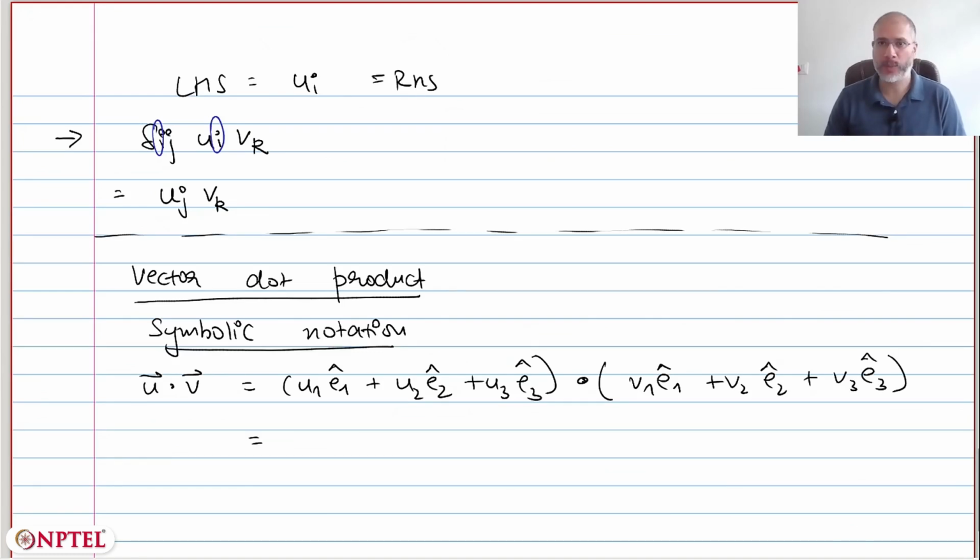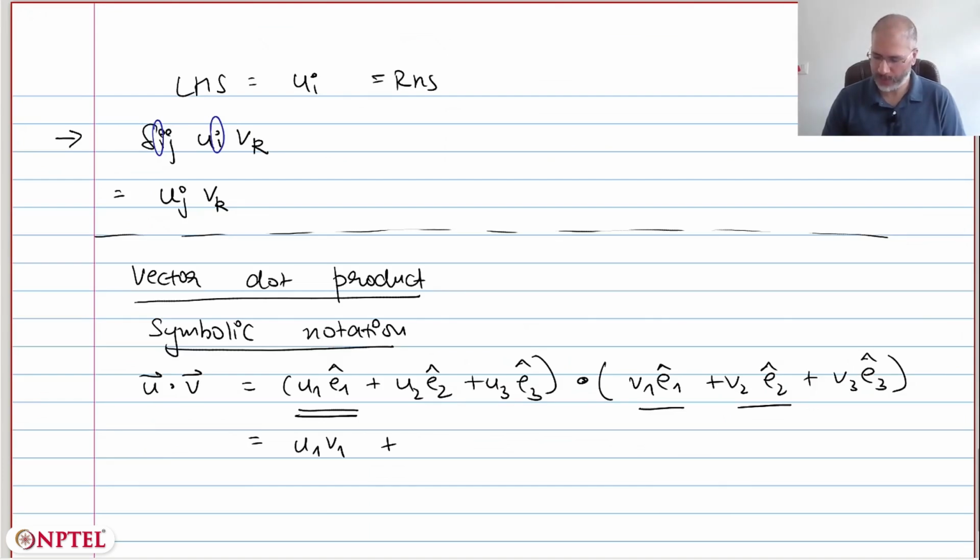And when I expand this, I get u1 e1 dotted with a v1 e1. So that basically becomes u1 v1 times e1 dot e1, which is a 1. Then I take this u1 e1 dotted with a v2 e2, that becomes u1 v2 times e1 dot e2, which is a 0.